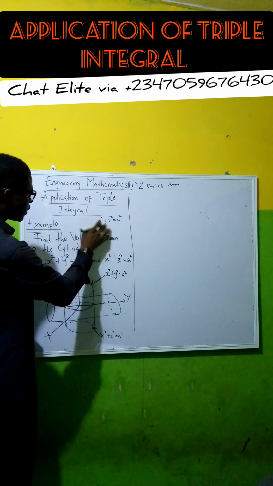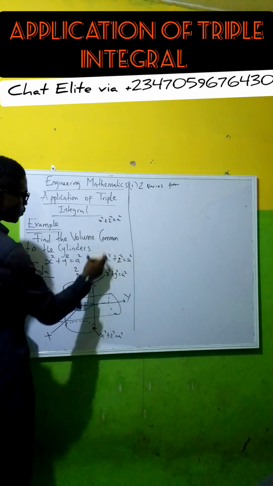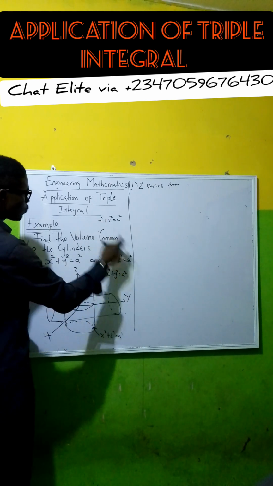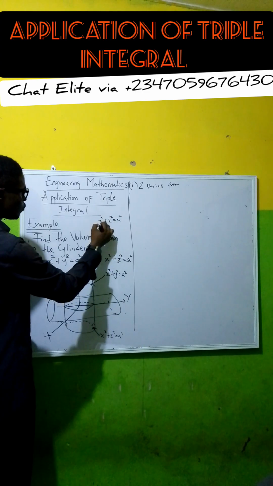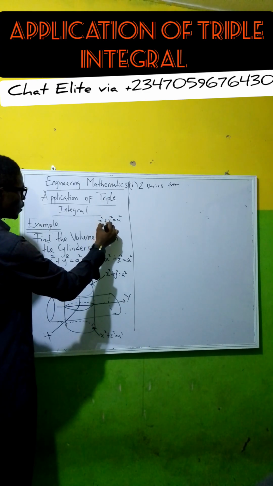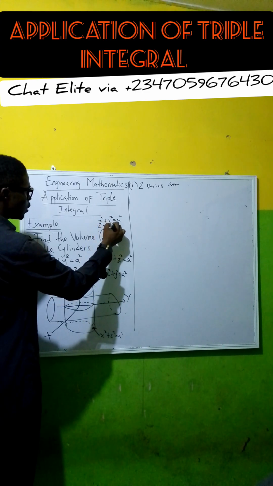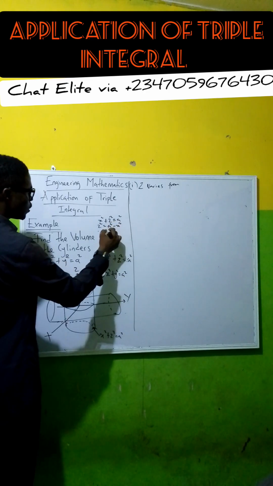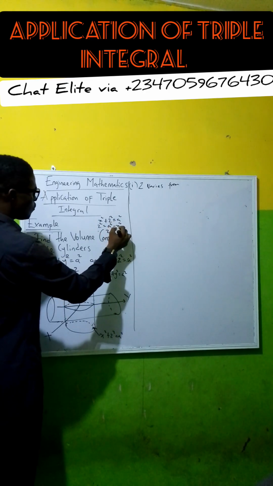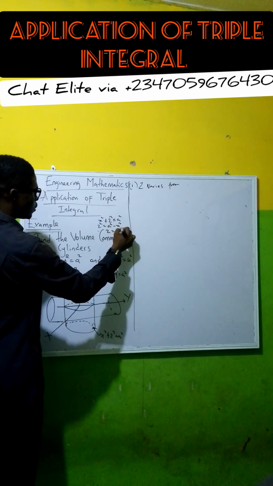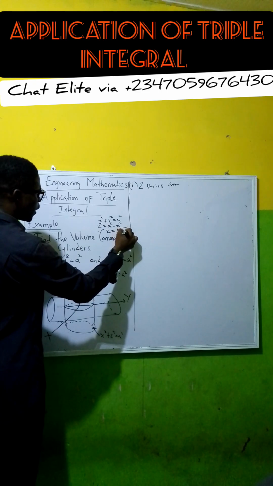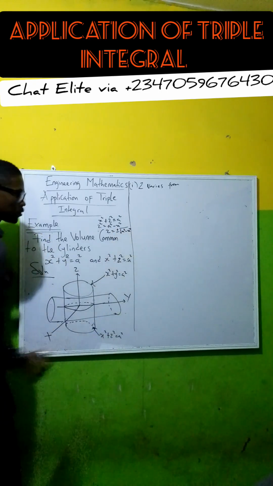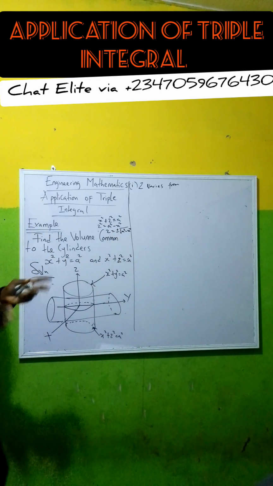This is where we have Z present. So we make Z the subject: Z squared is equal to A squared minus X squared. By the time you square root both sides, you have plus or minus the square root of A squared minus X squared. I hope you get it that way.